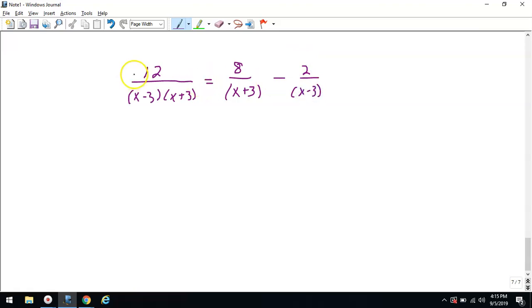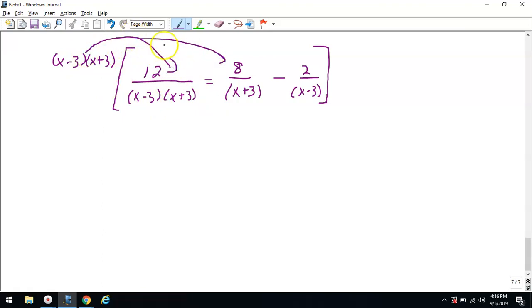The reason I'm looking at this is because there is a common multiple for every single term here, and that common multiple is x minus 3 times x plus 3. I'm going to multiply the entire equation by it, term by term. For the first one, this entire denominator cancels out and all I have left is 12.